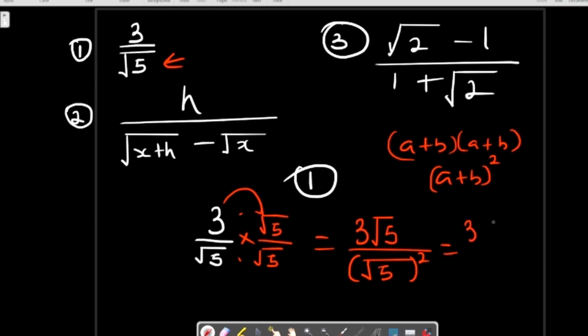It's going to be 3 roots of 5 all over. So down here, if you square a square root, the squares are going to cancel out. This square cancels out with the next square, and what remains is now a 5. So 5 now remains, and this now becomes our final solution for this very problem.